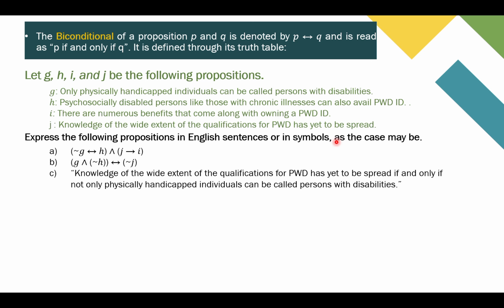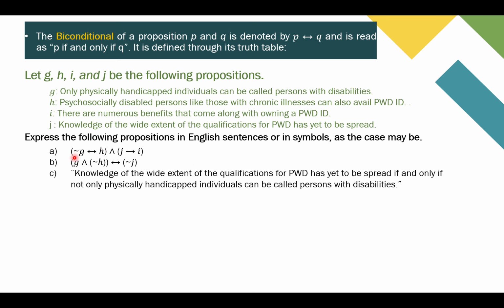So, express the following propositions in English sentences or in symbols as the case may be. We have 3 propositions, so this is a rather long class. Since we are already at the fifth logical operator, as you can see here in letter A, we can now use all the logical operators from the first one up to this biconditional. So, what do you see here?